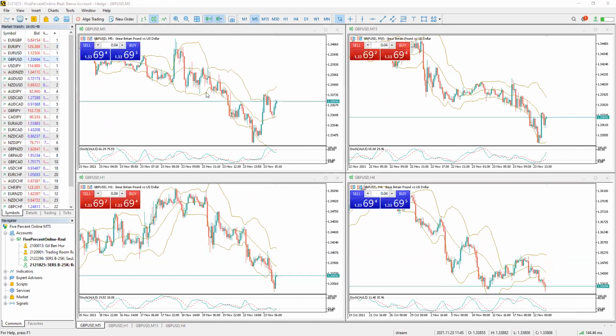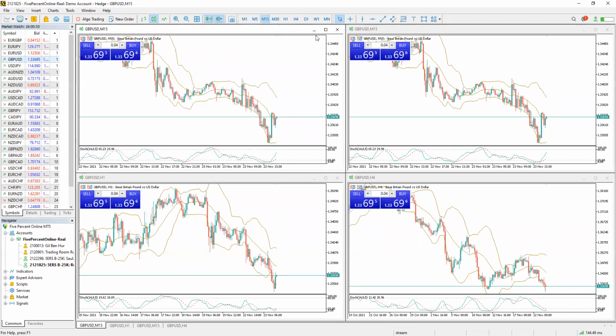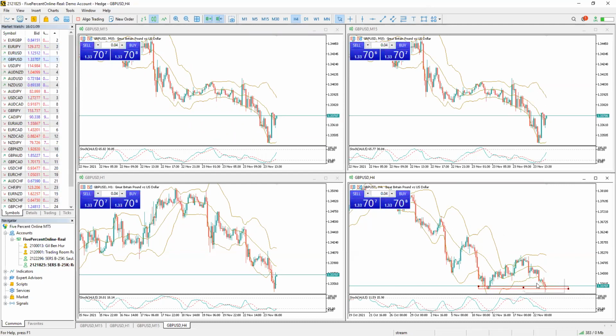Hi, Anna. So look, the GBP on the H4, and you can see this here, is standing on the lowest point that we made last week. It was a little bounce, and then we reached that zone again.